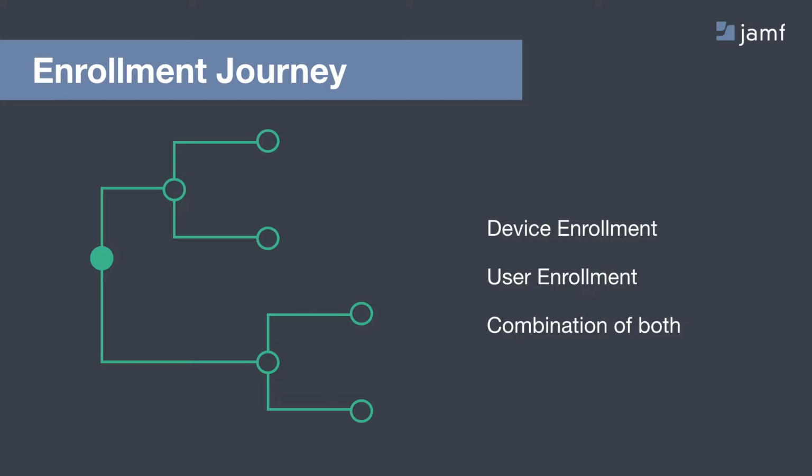Lots of combinations because your organization might have different people with different needs, as well as different privileges. Some might get to bring in their own iPhones and iPads and need to take advantage of user enrollment, while others might get issued a company-owned device and the company might have device enrollment initiated. Or some of us on the call, we might have both. And so let's talk through what that journey could look like for every scenario.